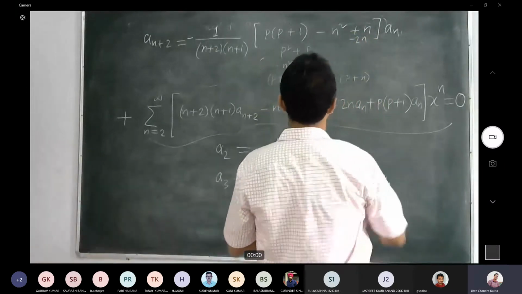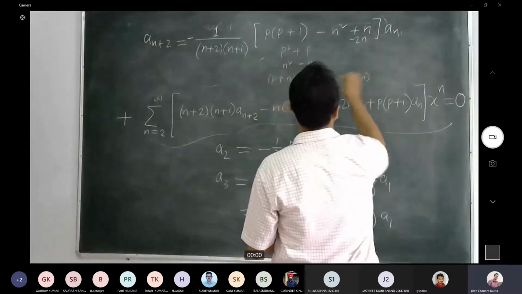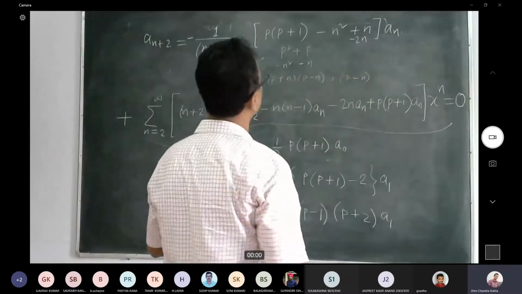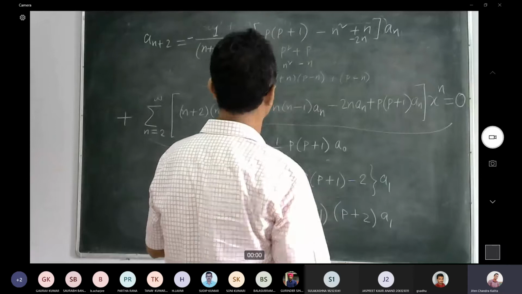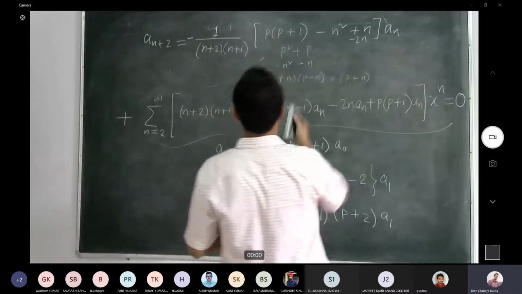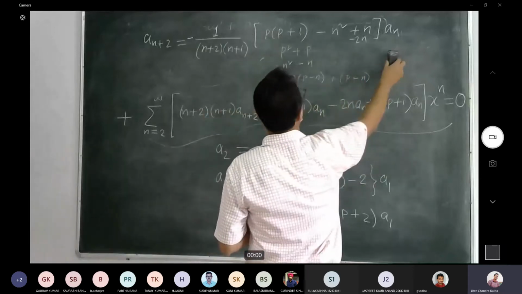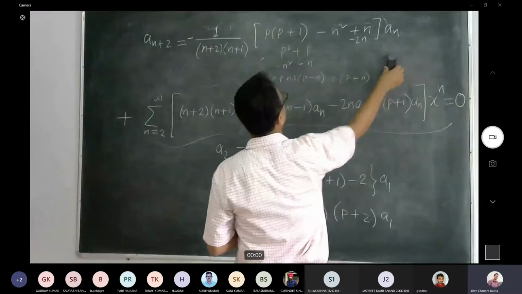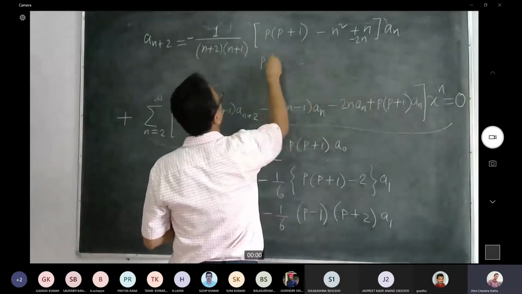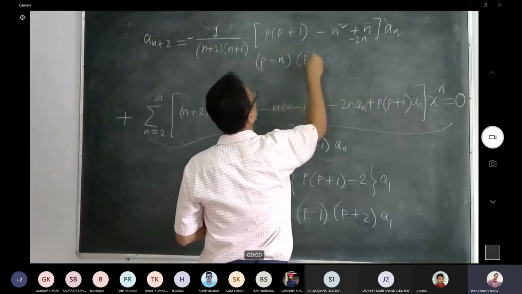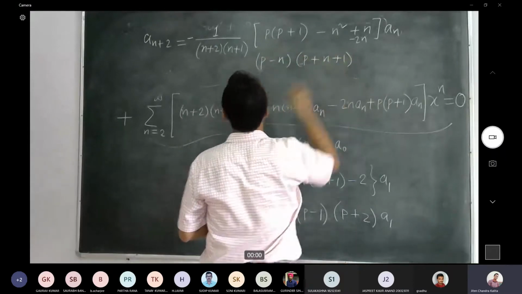So this is going to be p minus n. Okay. So eventually I am going to get p minus n common, and then p plus n plus 1. Okay, thank you. So I am going to get this as p minus n, p plus n plus 1.